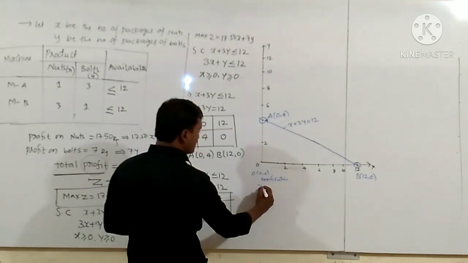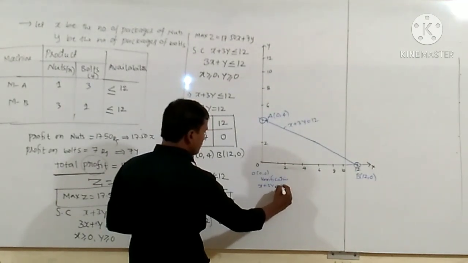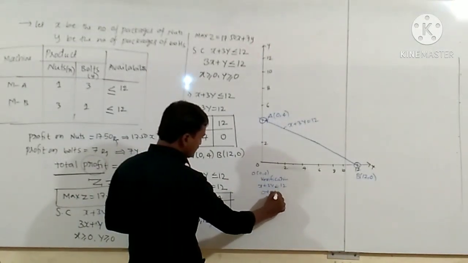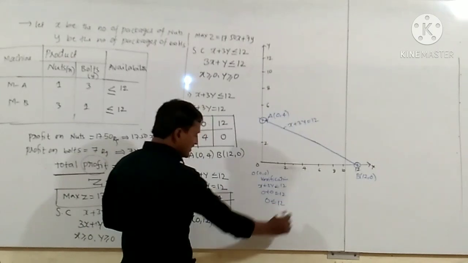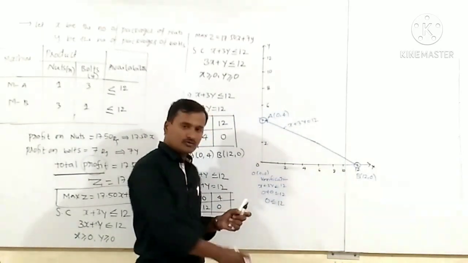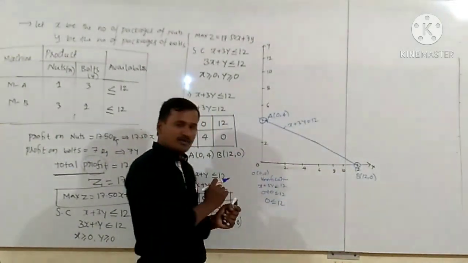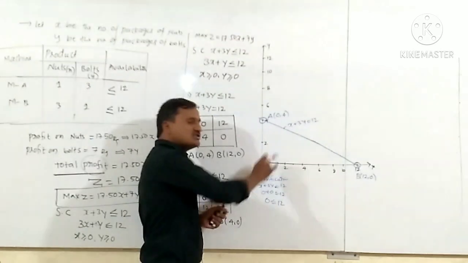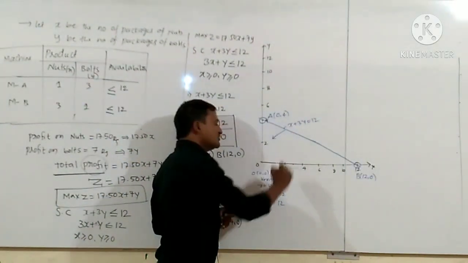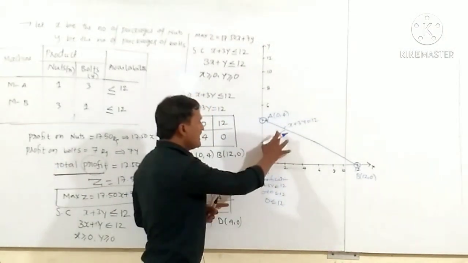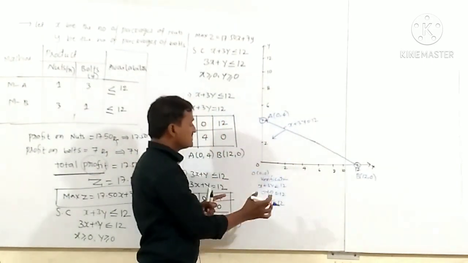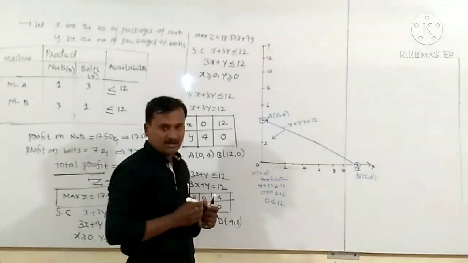For x plus 3y less than or equal to 12, put x equal to 0 and y equal to 0. What are you getting? 0 plus 0, which is less than or equal to 12. Is it right or wrong? Right. And this point 0 comma 0 lies below this line. So we will shade below this line, because the points below this line satisfy this inequality.